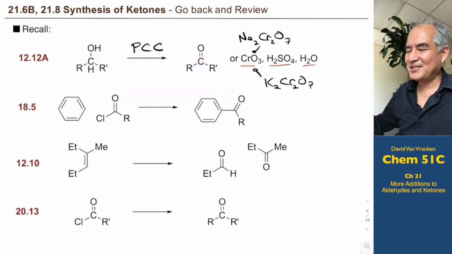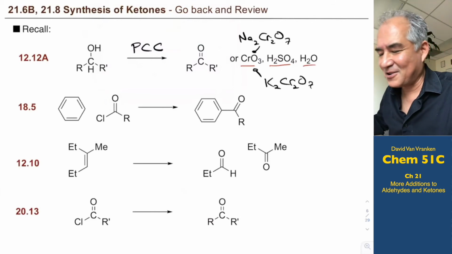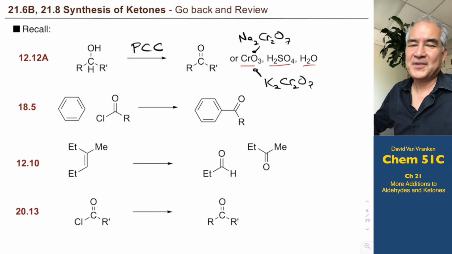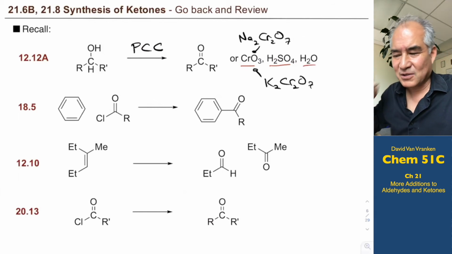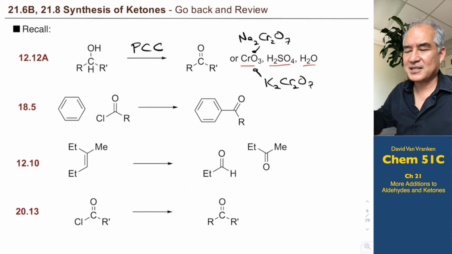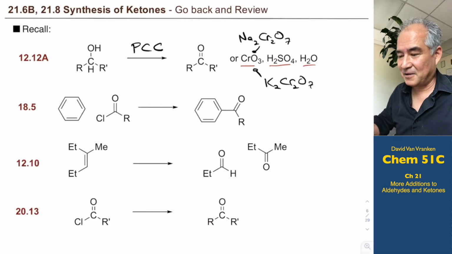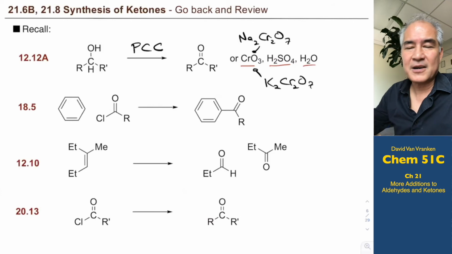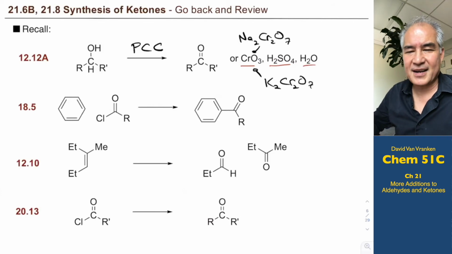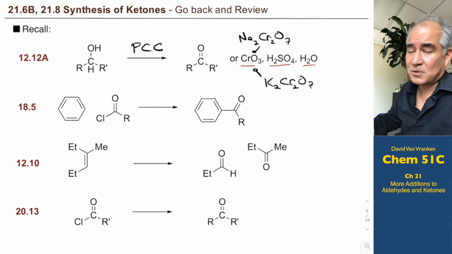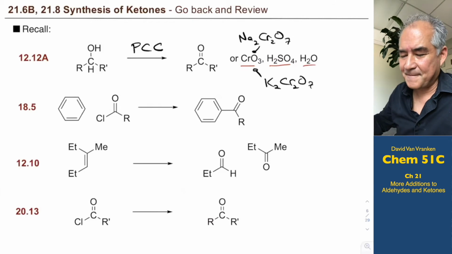I don't know. They should just give you one set of conditions and not mention that you could use different chromium starting materials to make this chromic acid mixture. I just feel like PCC is easier for you to remember. There will be a case later when you need to use these chromic acid oxidations. That's to make carboxylic acids. We'll wait till later to talk about that.